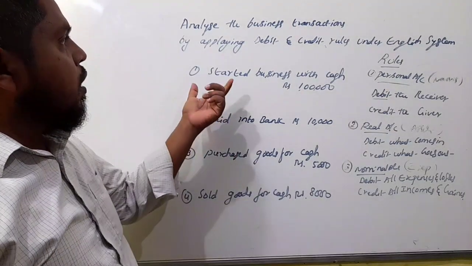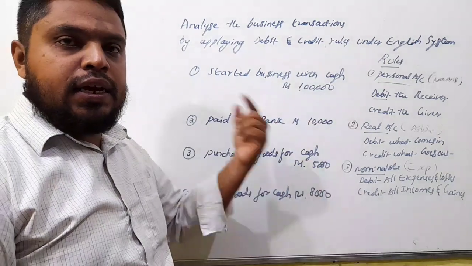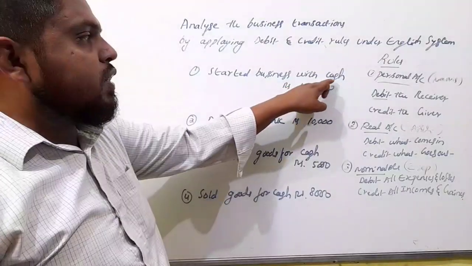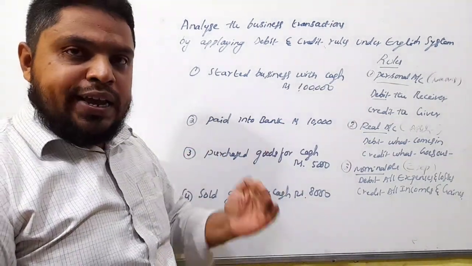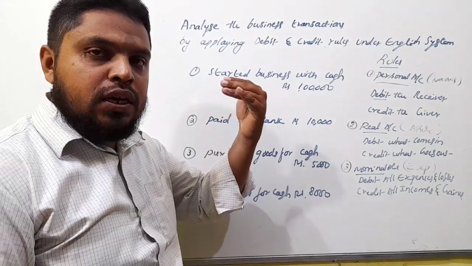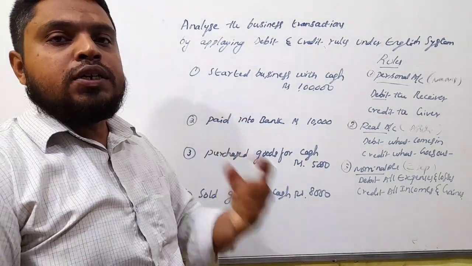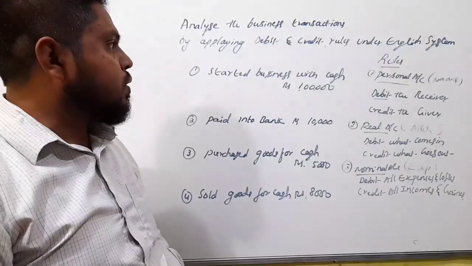Now, first you have to analyze the transactions before finding the debit and credit. Started business with cash. Started means commencing. So the owner has started a business with cash. This is the first, fundamental journal entry for first PUC.